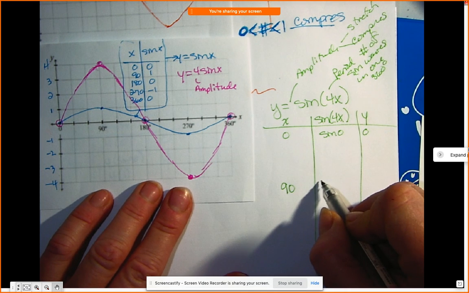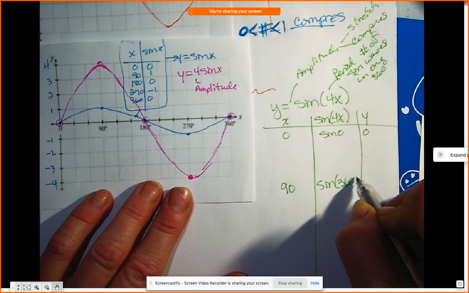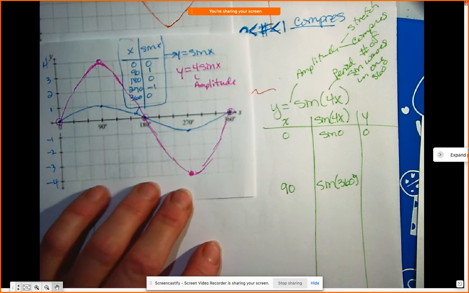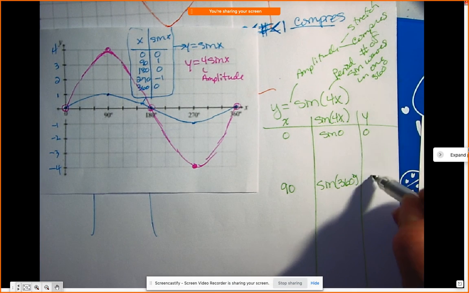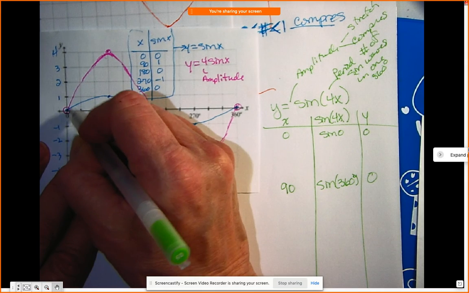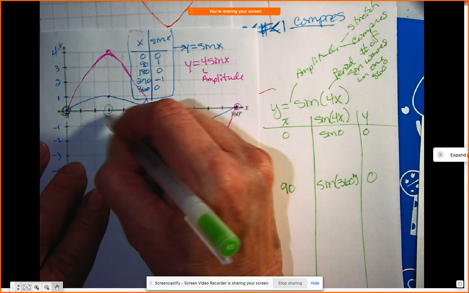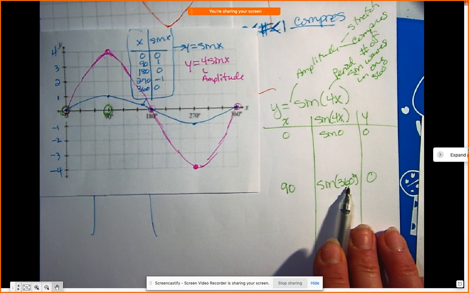Well, what's 4 times 90? I believe it's 360 degrees. Okay, so I look at 360 degrees and the sine is 0. Well, that doesn't help me a whole lot.